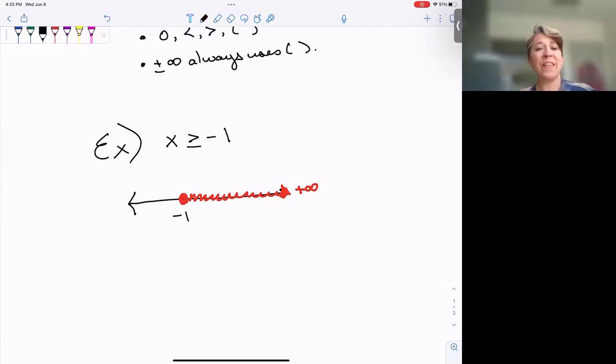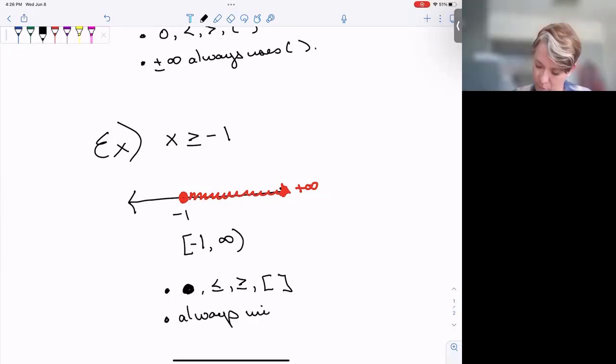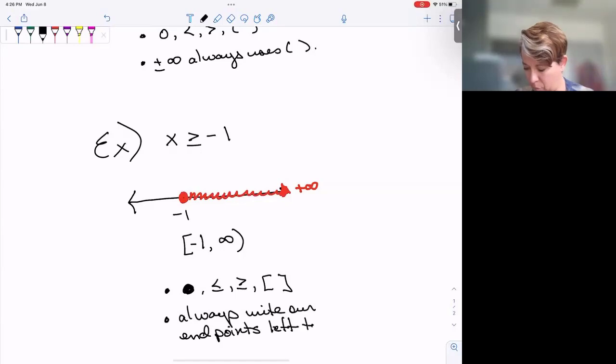So in this case, since -1 is included, our interval goes from -1, notice we're using a bracket, all the way out to positive infinity. Remember, infinities never use the bracket, only the parentheses. So we can add that: when we have a closed circle, which is when we do the or equal to, that means we're going to use brackets. And another thing to write is that we always write our endpoints left to right.